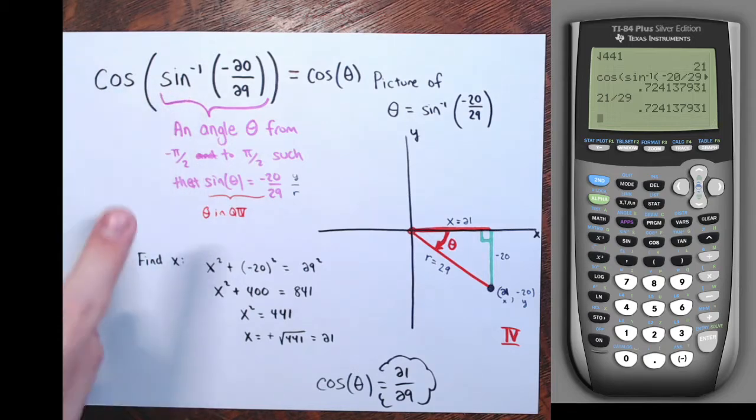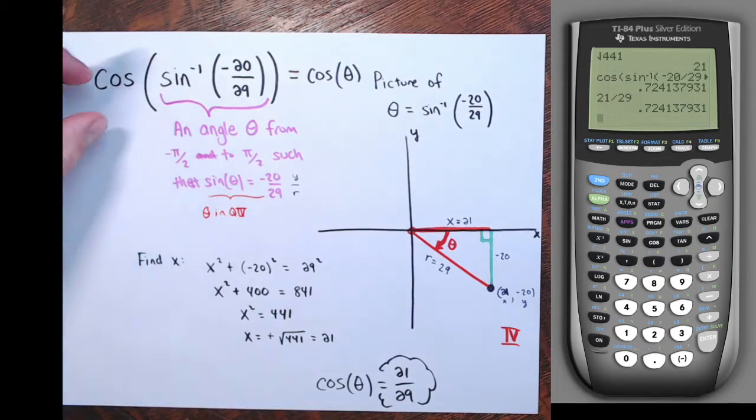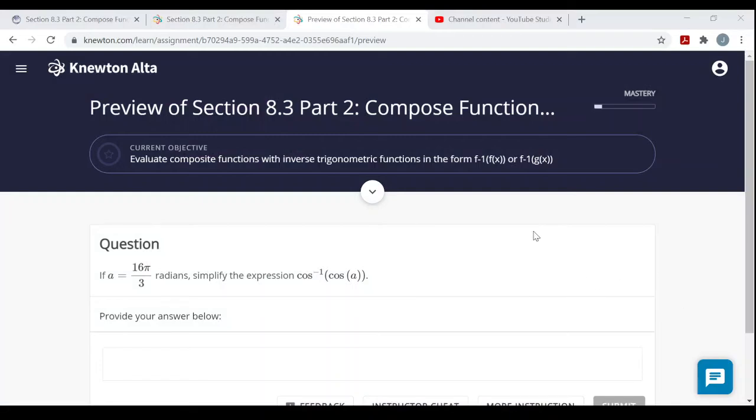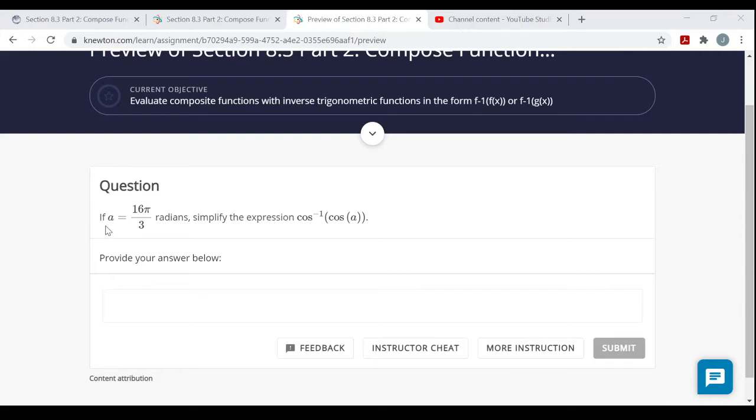This other objective is the other way around, where I have an inverse trig function on the outside composed with a regular trig function on the inside. So you see the form f inverse of f or f inverse of g, where the inverse function is on the outside.